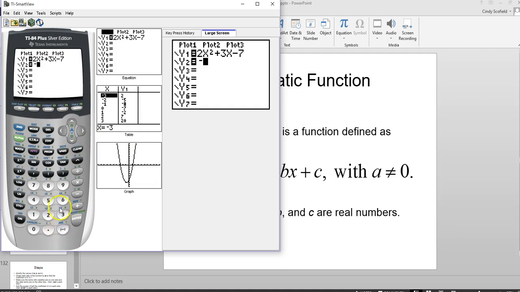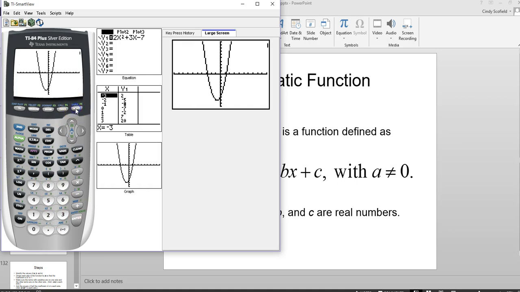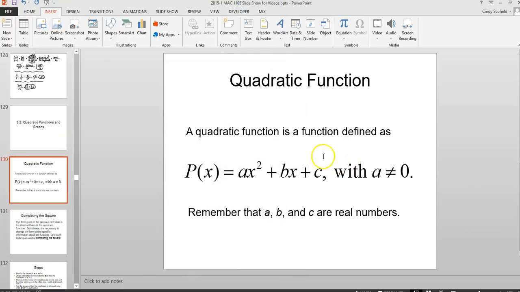So let's say we have negative 3x squared plus 2. And I'll just show you, you don't have to have the x term to see it. But there it is. So that one that's dumping out water is y2, the one we just typed in the y equals menu. So those are examples of quadratic functions.